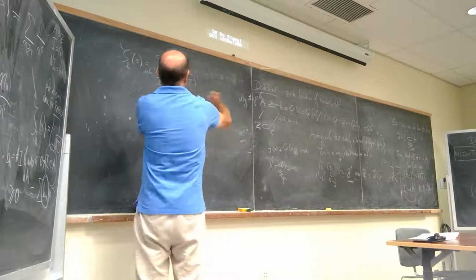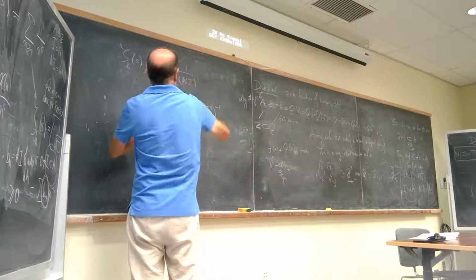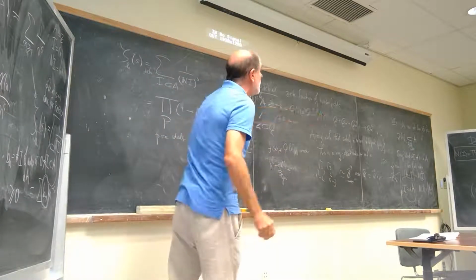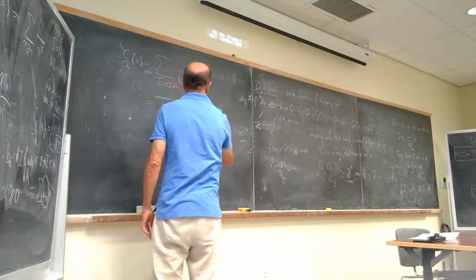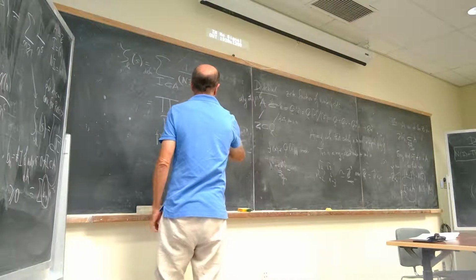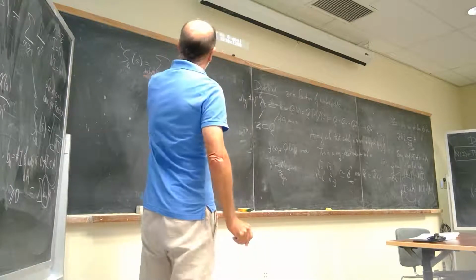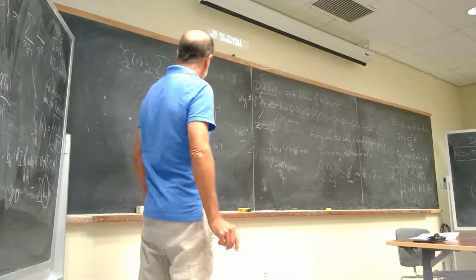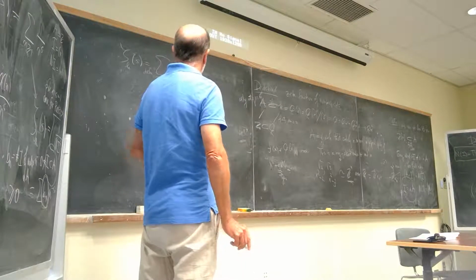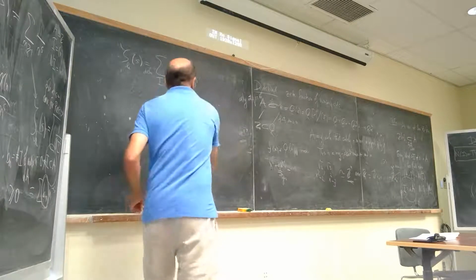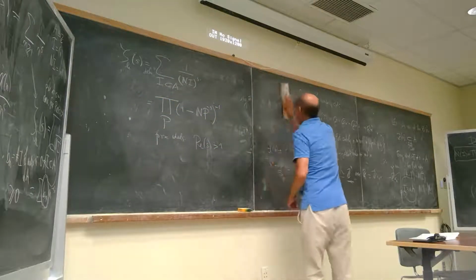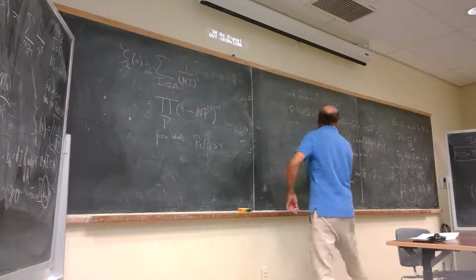Because if you blow this out, you get the terms here for prime powers, and every ideal is uniquely a product of prime powers. So you have this Euler product, again for the real part of s greater than 1. And that's what's going to allow us to identify these zeta functions in some very simple cases.